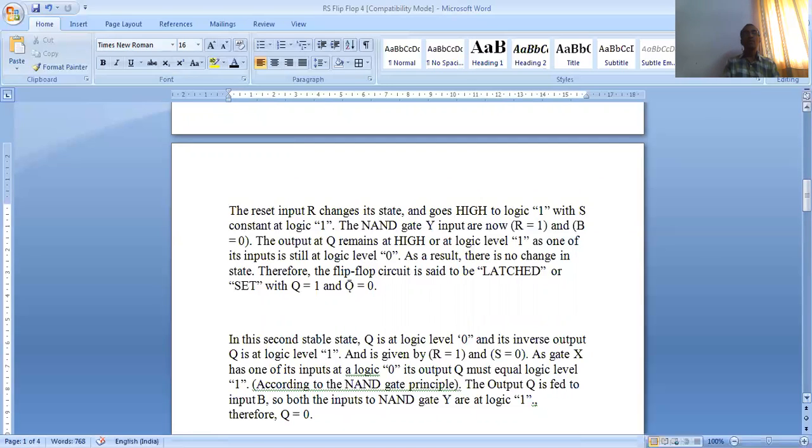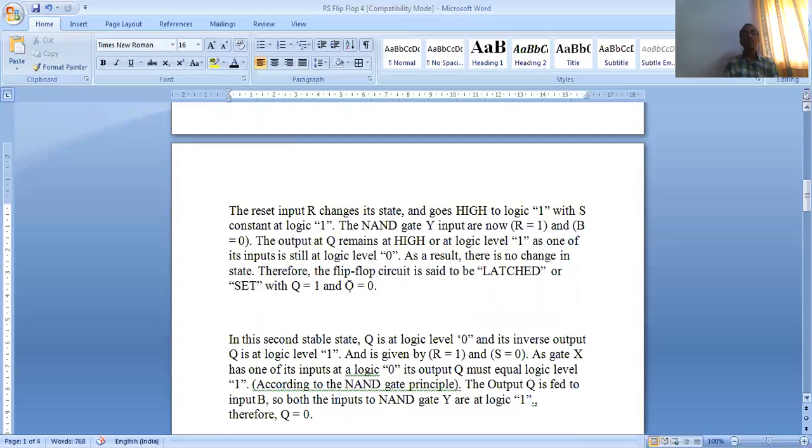Q level is logic level 1 according to NAND gate principle. Now see, the output Q is fed to the input of the B. So both the inputs of the NAND gate Y are at logic 1. 1 multiplied by 1, the output of the NAND gate is equal to 1, but the output of the NAND gate is equal to 0.